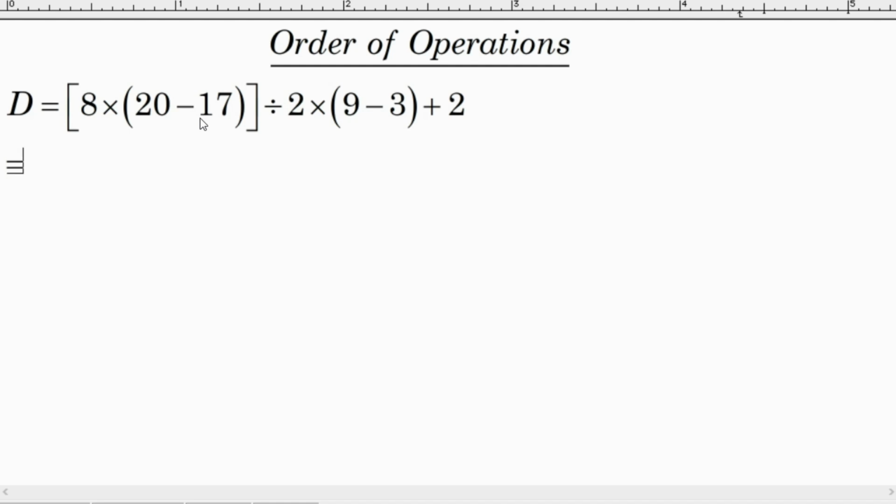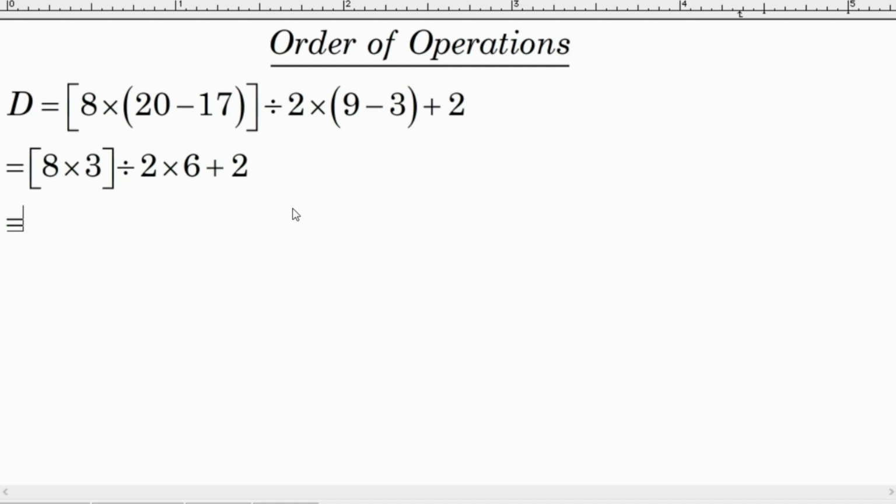Then we have the bracket, which is 8 multiplied by 3, and then divide by 2 times. So we have to calculate 9 minus 3 in the parentheses. That will be equal to 6, and then plus 2.